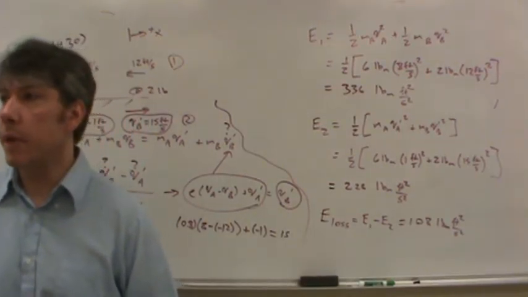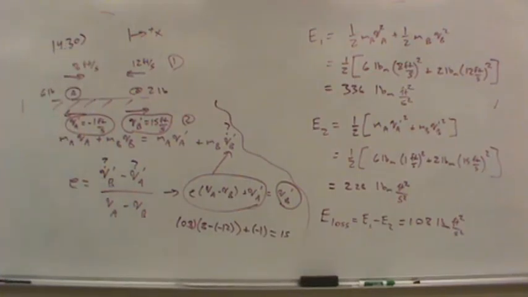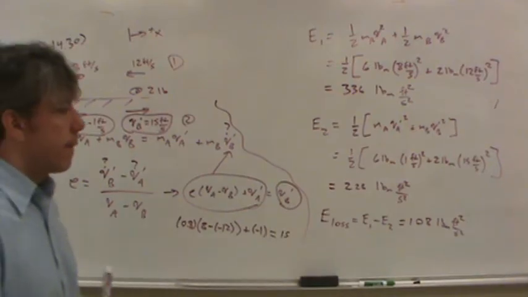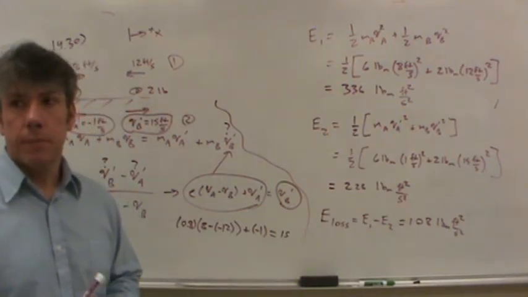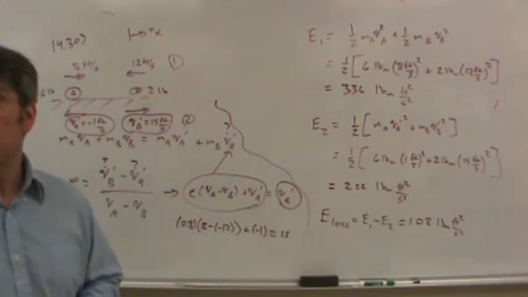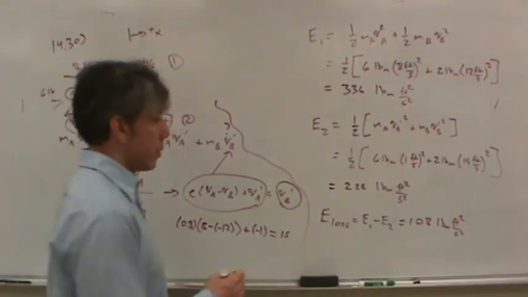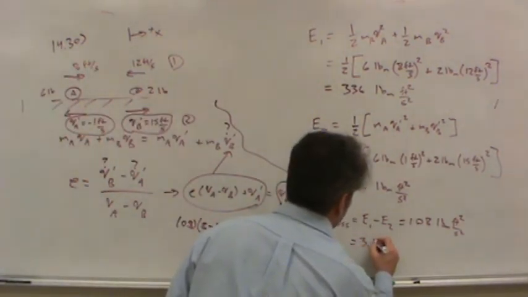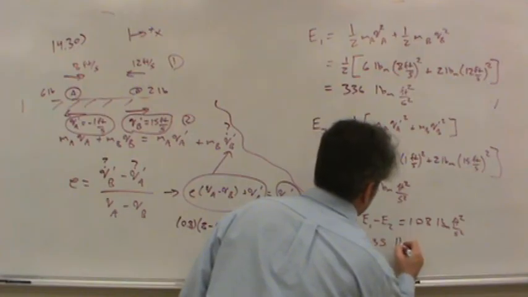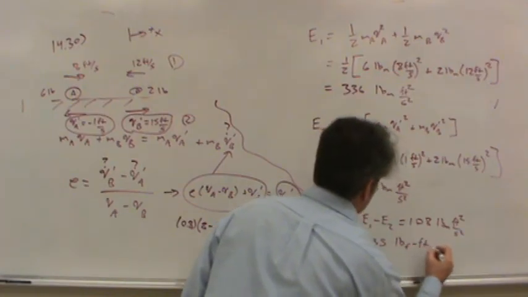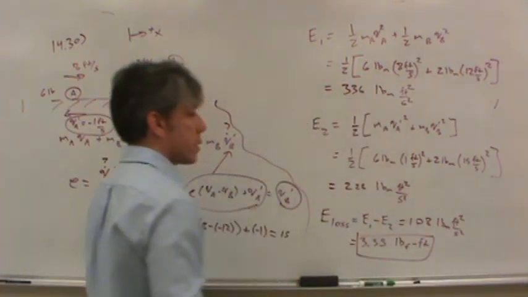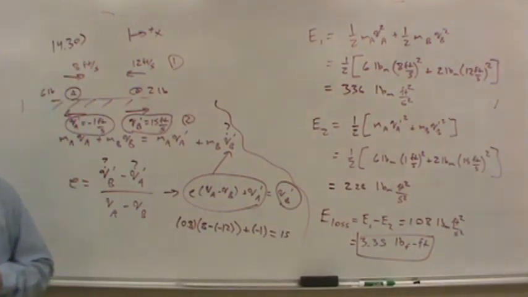It's interesting that the dimension of torque and energy are different, but the units are the same. How much? 3.35. 3.35, thank you. So there's the amount of energy that's lost. Does that answer your question? Bless you. Any other questions on this problem?